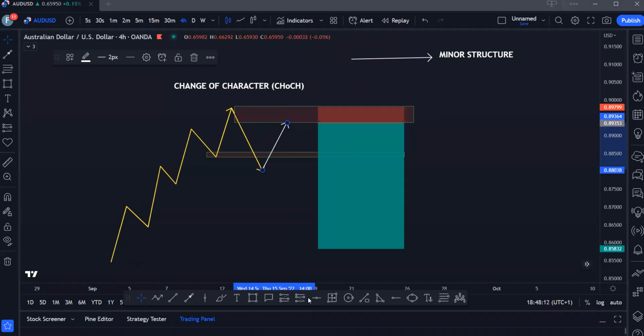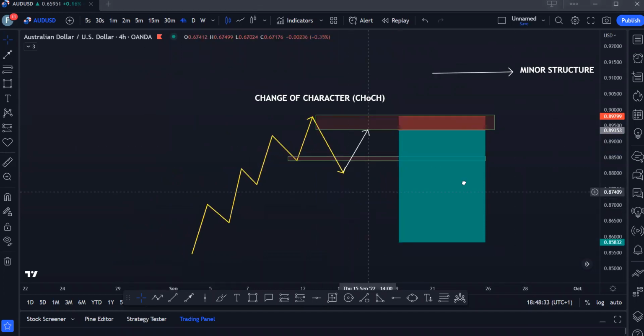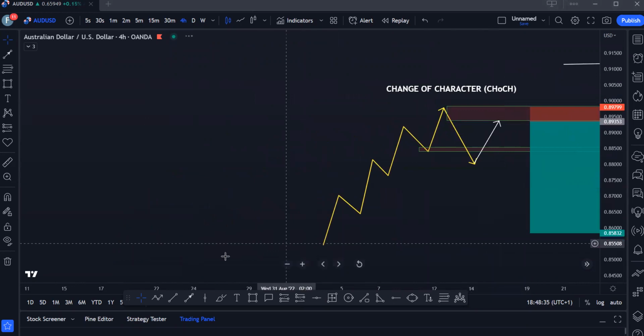I'll also do an example for the bearish market. Okay, Joshua also understands. Okay, Aflabi said not really. Okay, no problem. So just stick along.